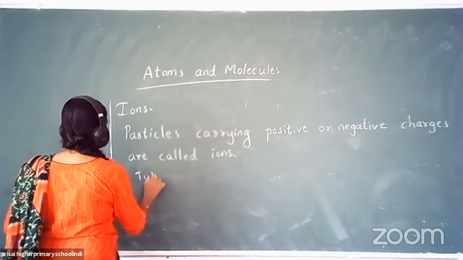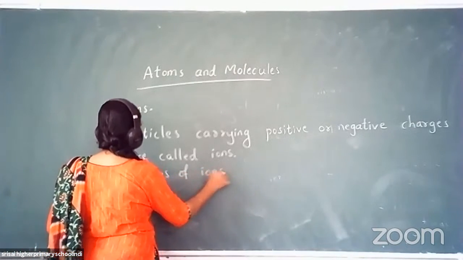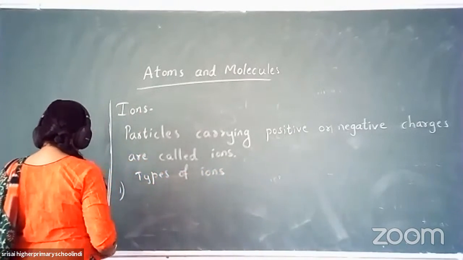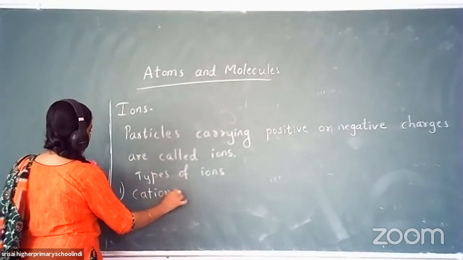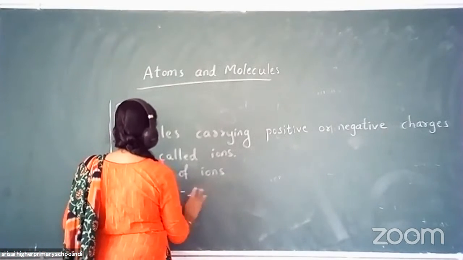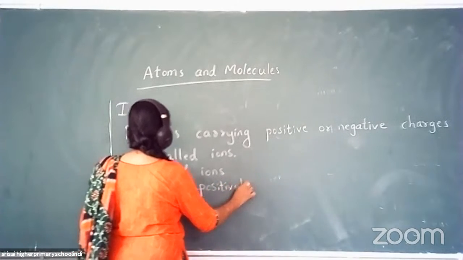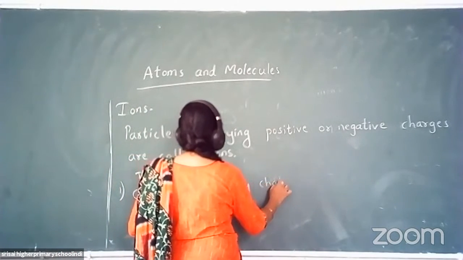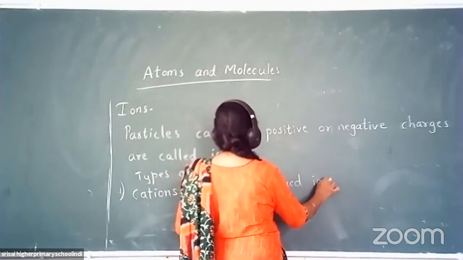Types of ions. First one is cations: positively charged ions.